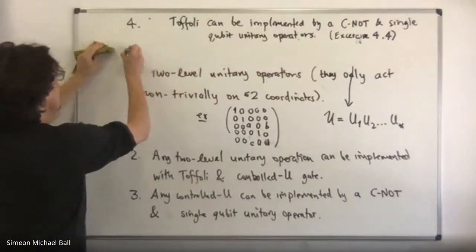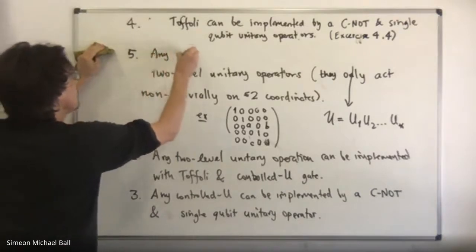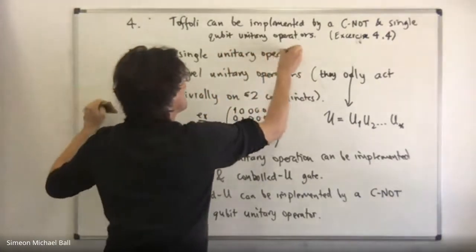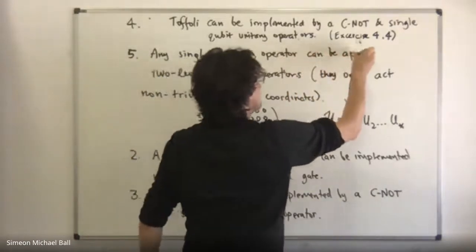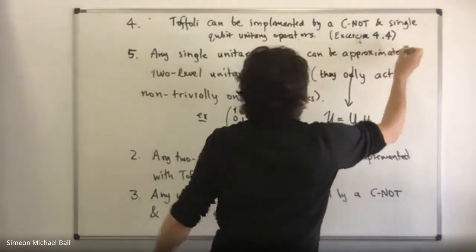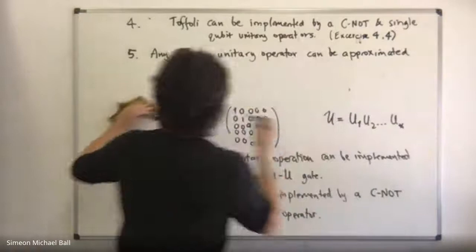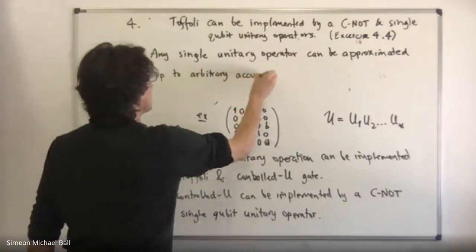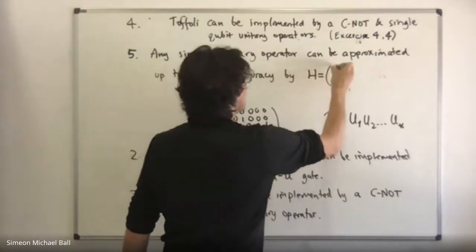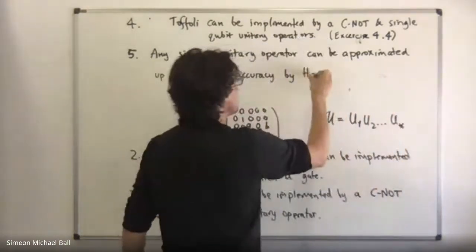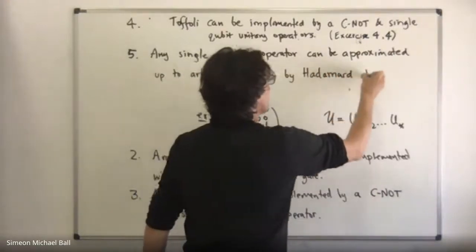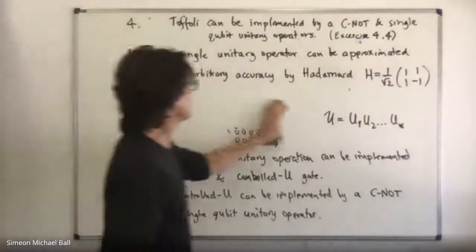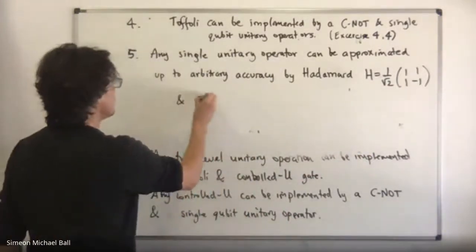So 5 will be: any single unitary operator can be approximated by Hadamard, which was this, and T8, which is this.